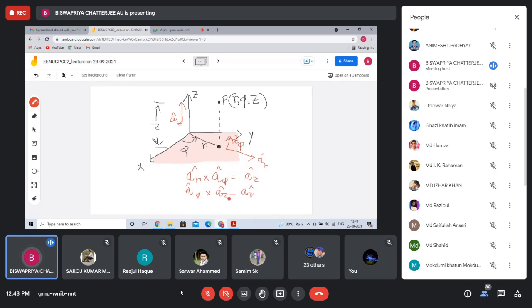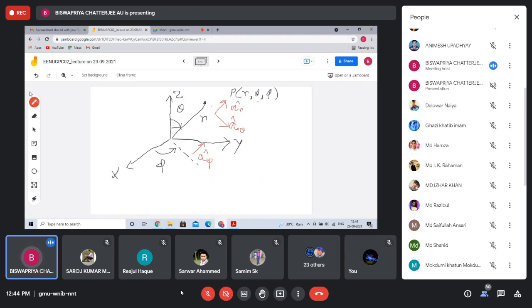And finally AZ cross AR will be Aφ. So this is called right-handed system in cylindrical system.